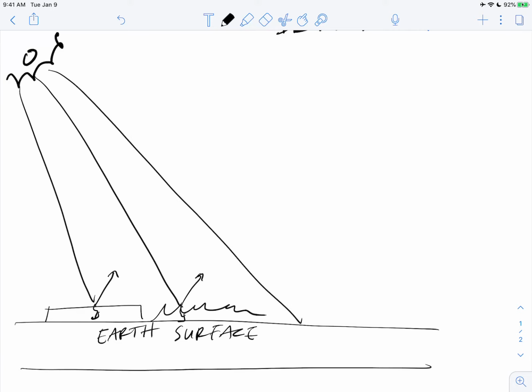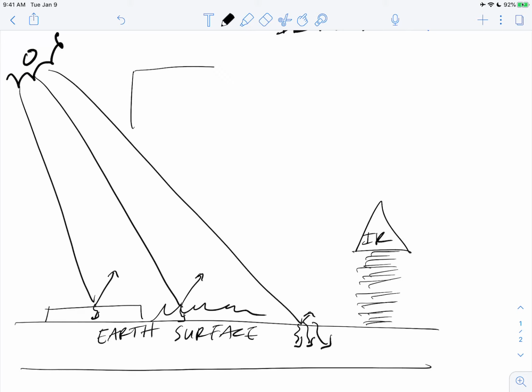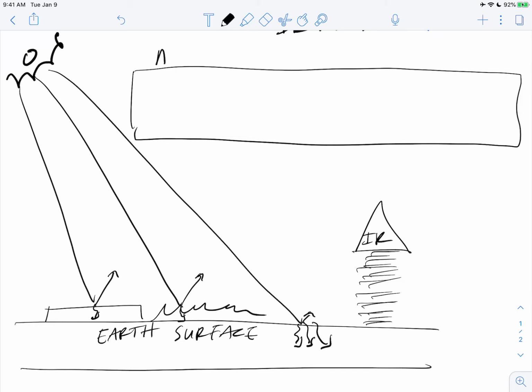But on land, we see primarily absorption, and this IR radiation is then radiated from the Earth's surface. This is now going to hit the atmosphere. Now the atmosphere has two types of gases we're going to talk about.